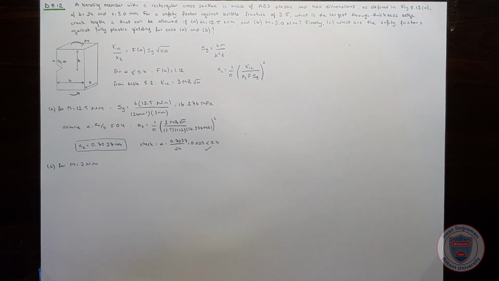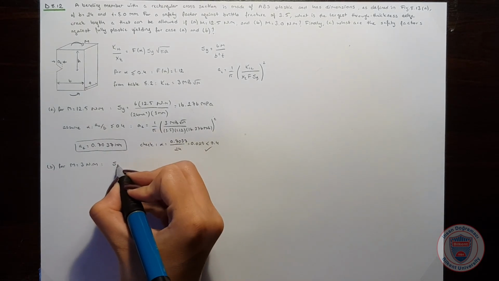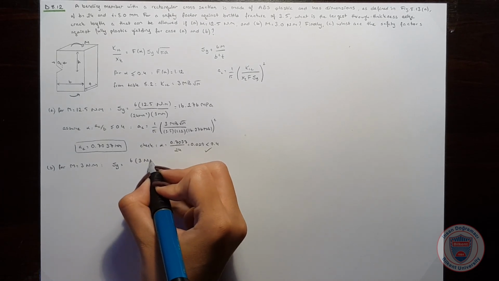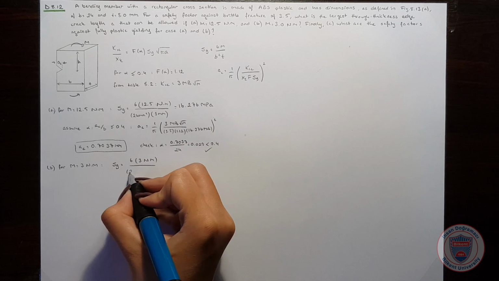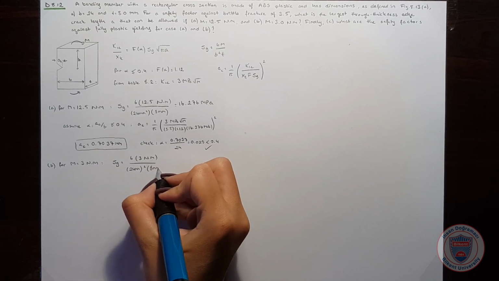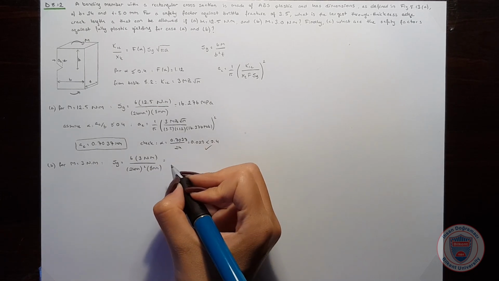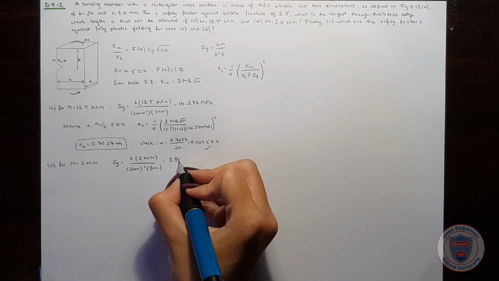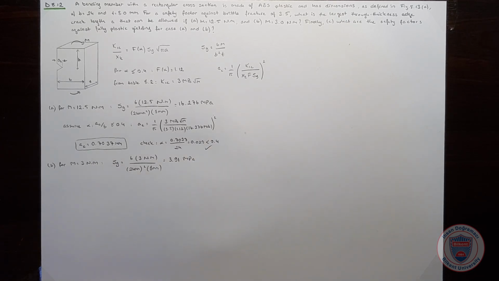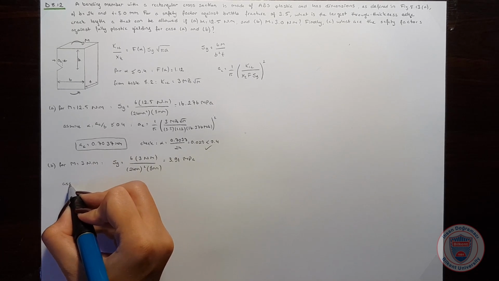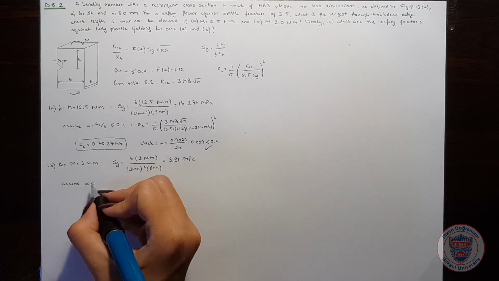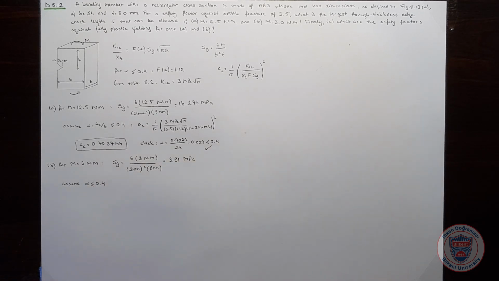S gross will be, and it will give, 3.91 MPa. Again, we are going to assume that alpha is smaller than or equal to 0.4.